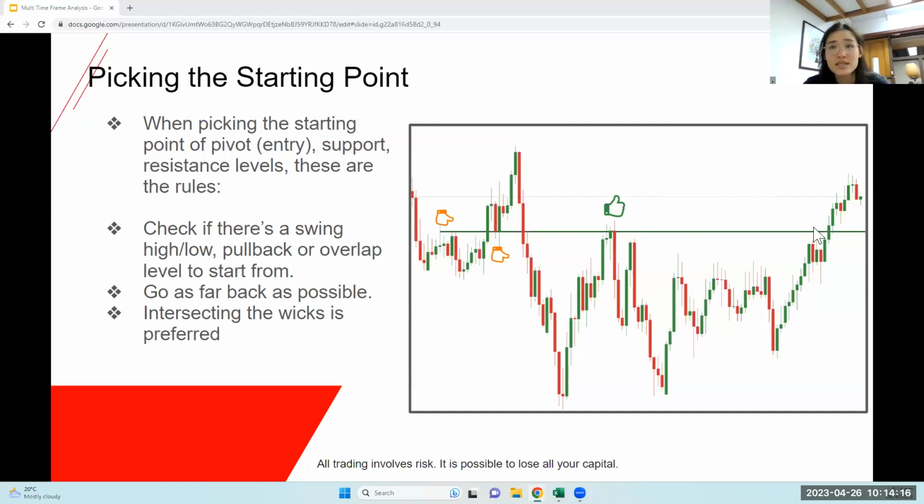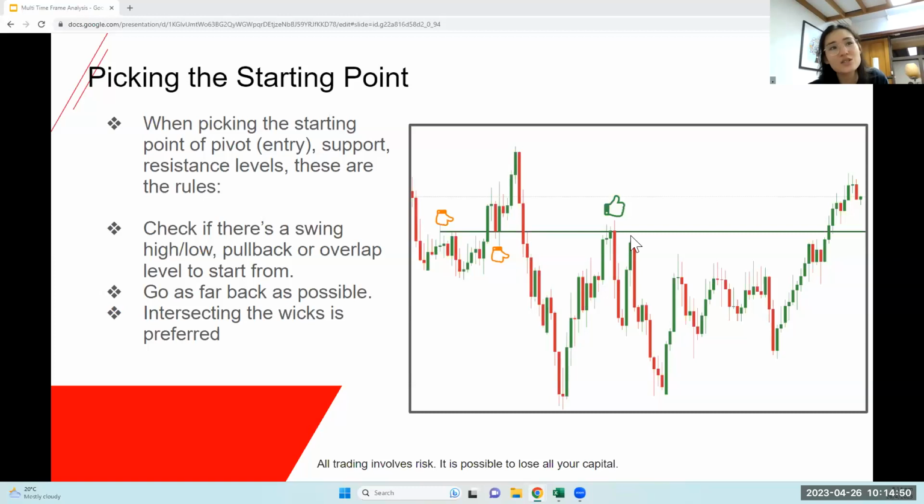In this case, this line over here is considered to be a pullback support because over here price is in line with a swing high. So price has cut through the swing high and we're expecting it to reverse back down to the swing high here. So that's a pullback. And an overlap is when a swing high and a swing low line up with each other. So that's just a brief understanding for pullback and overlap.